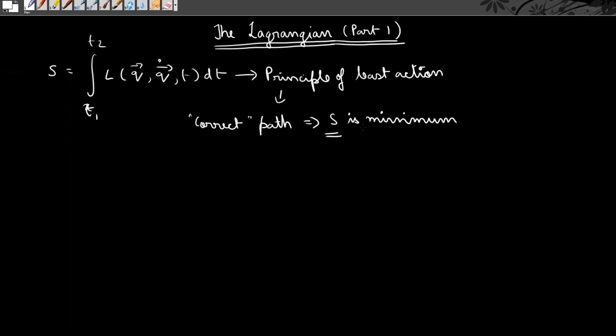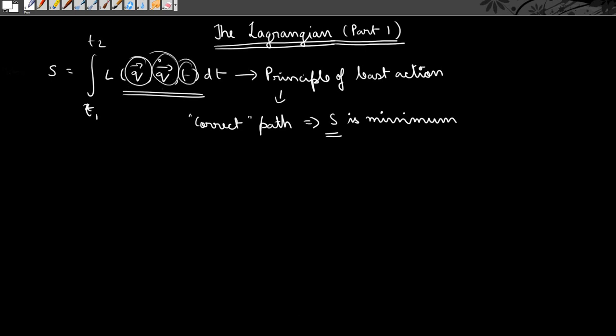Now the important question is, why did we say that the Lagrangian depends on the generalized coordinate, the generalized velocity and time?